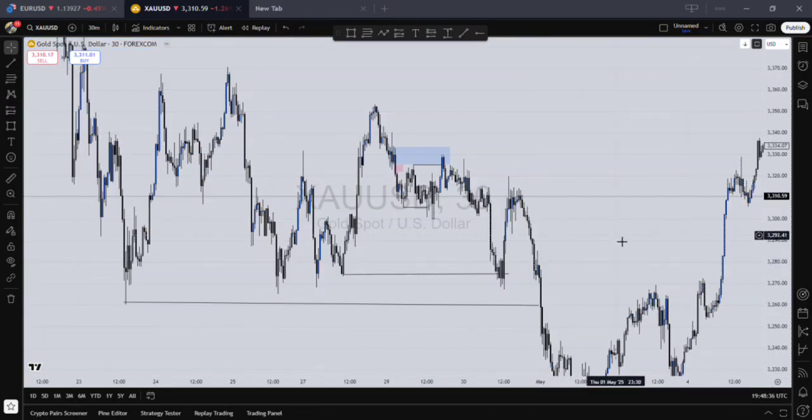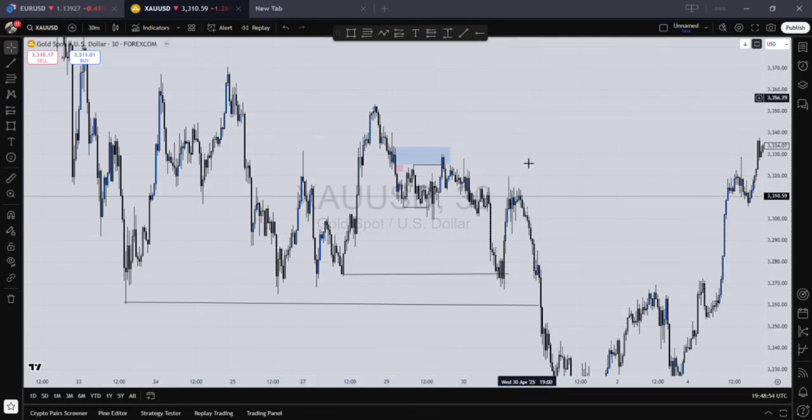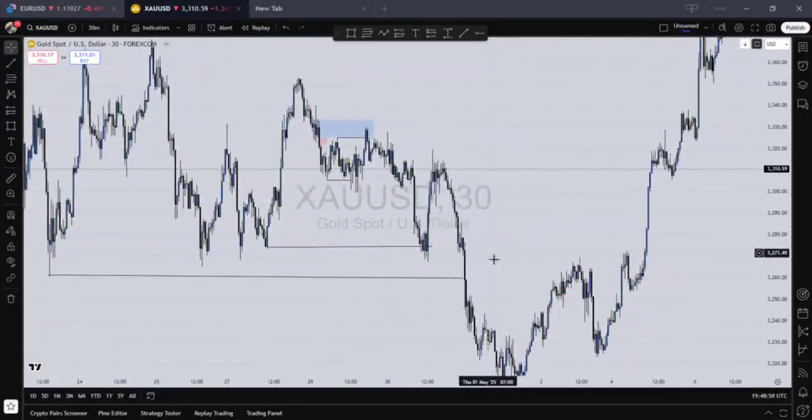Okay, if you've gained enough experience to want to extend your target, that's when you can bring it to this low, because the way the market is protecting each high is the same way the market is protecting each low. It can decide to come take out this low and then go all the way up, and it can do the opposite. All right.